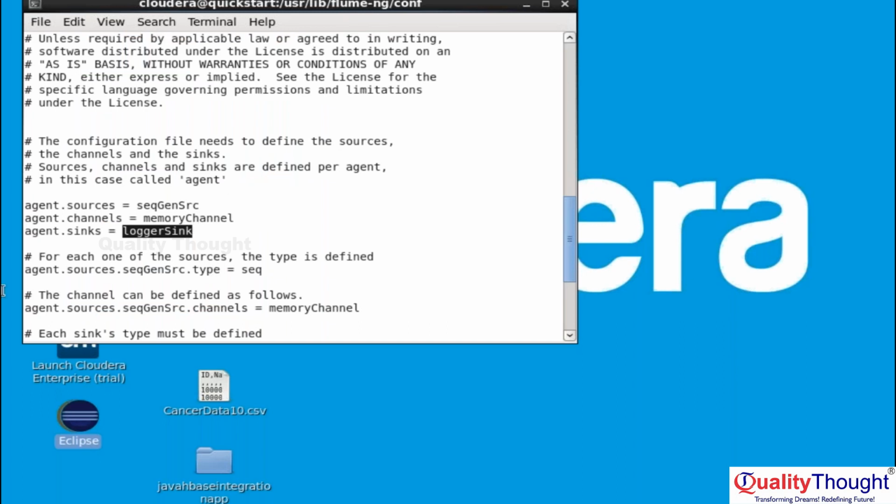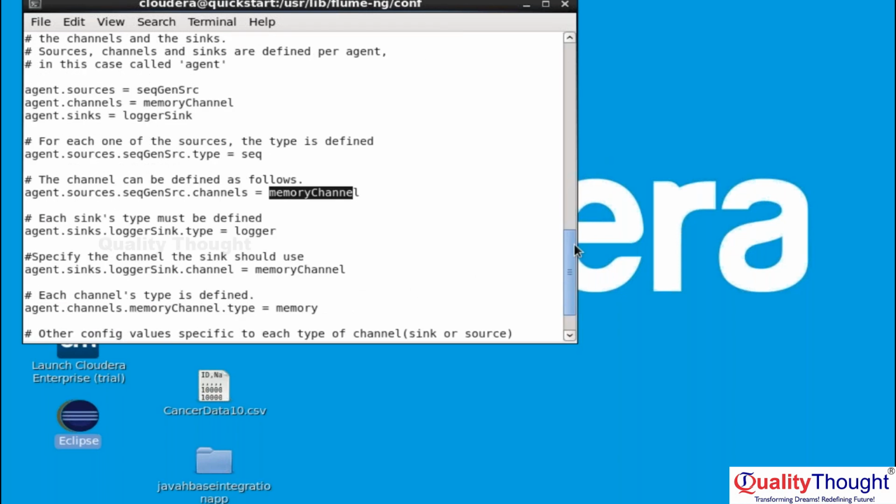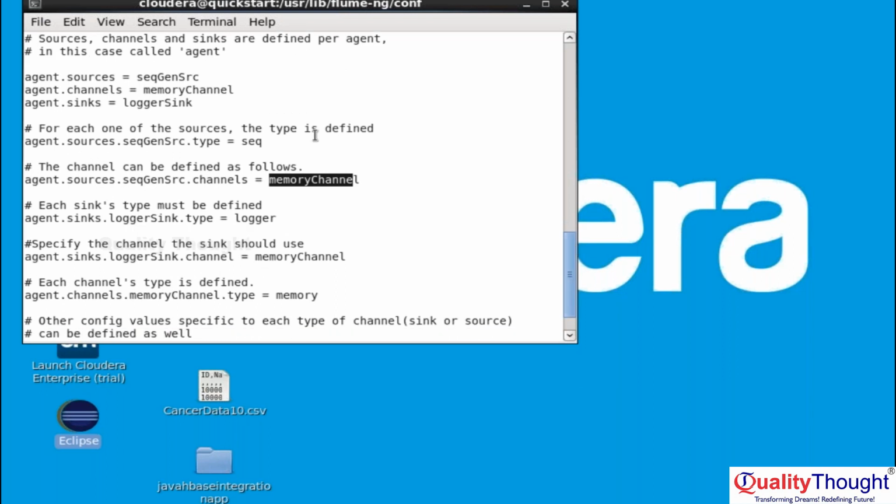This is the source information; for this source we are getting data from a sequence, which is a Linux command, and the channel is memory channel.